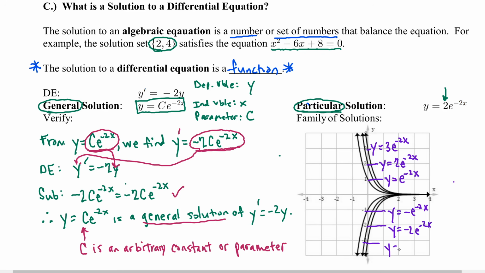And finally, y equals negative 3e to the negative 2x. There's actually an infinite number of solutions to this differential equation. Each of these individual particular solutions would also balance the original differential equation. So because there are an infinite number of solutions based on that arbitrary constant, we express the solution in this general form using that arbitrary constant.